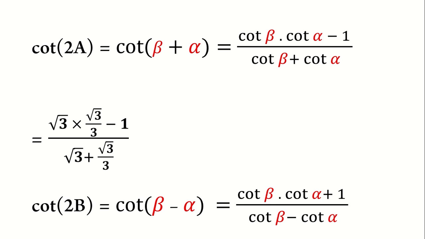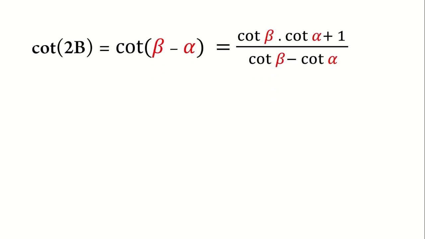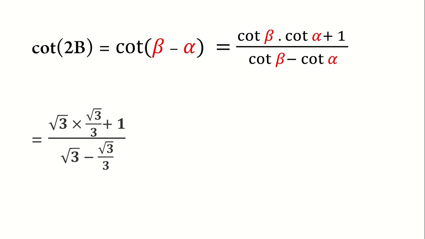So by simplifying the mathematical operation, we have cotangent of 2a is equal to 0. And for the below term, we have cotangent of 2b equal to this formula: radical 3 times radical 3 over 3 plus 1 over square root of 3 minus square root of 3 over 3.